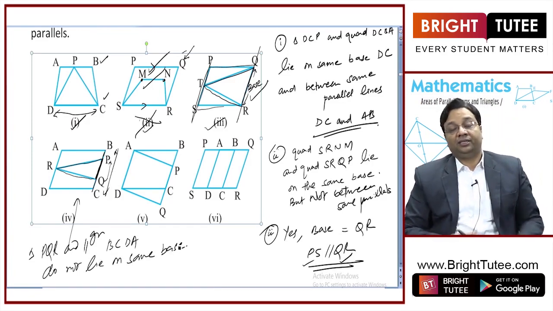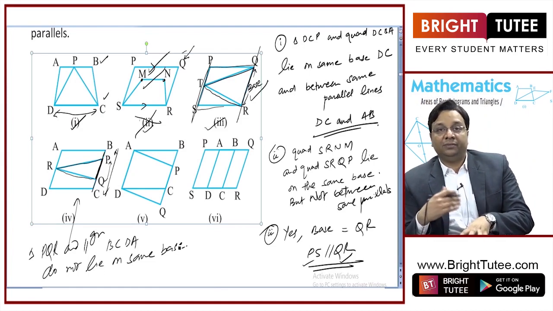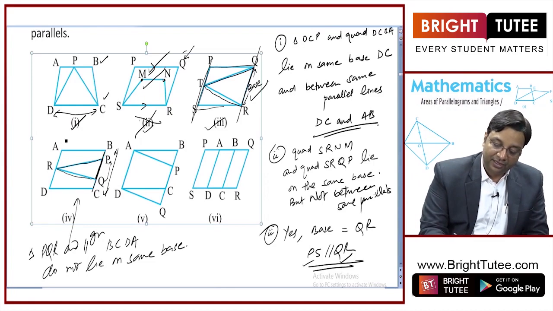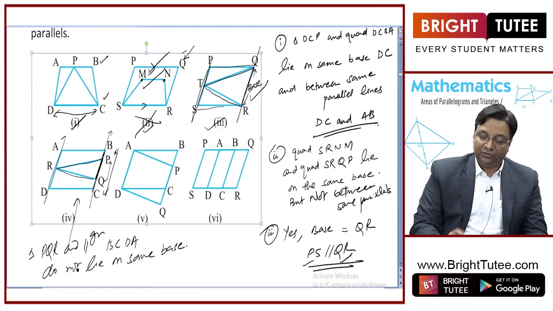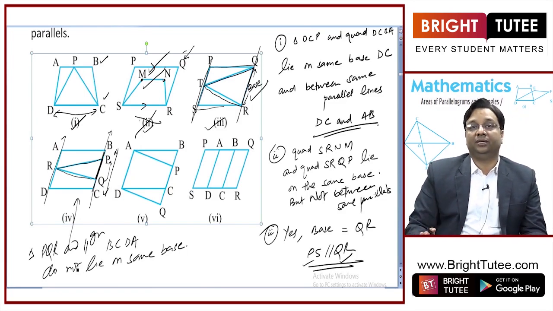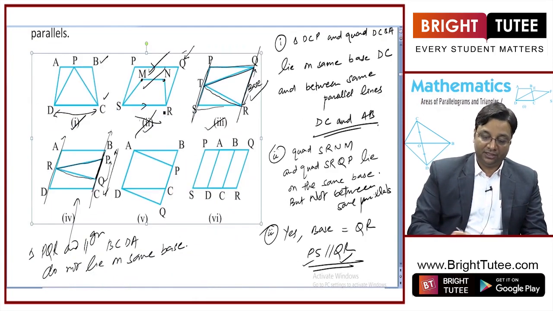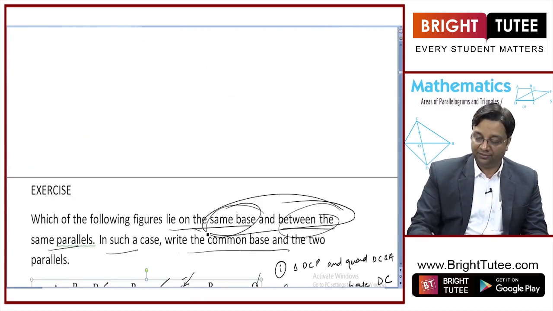Right. So if I ask you separately whether these lie between same parallels or not, yes, these lie between same parallels AD and BC, but they are not on the same base. So we will say these two figures do not lie on the same base and between same parallels. If you collectively have to say this, then these two figures do not qualify for this.